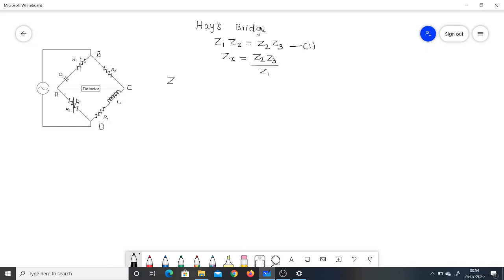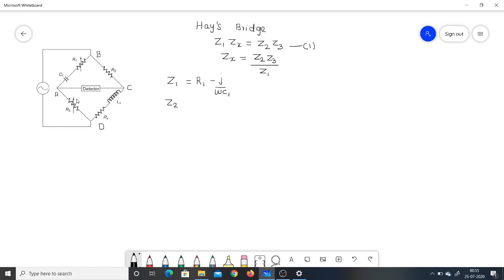My Z1 is a resistor in series with a capacitor. So, I can write it as R1 minus j by omega C1.